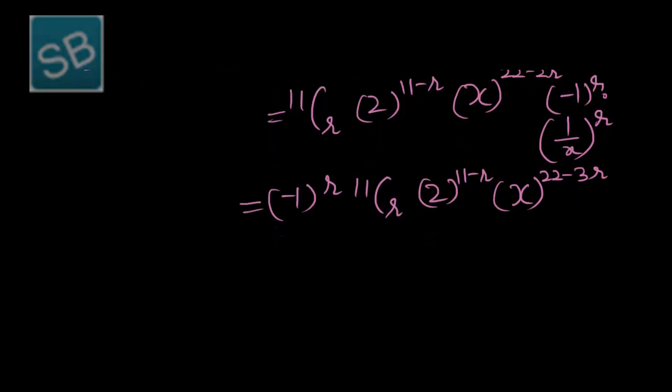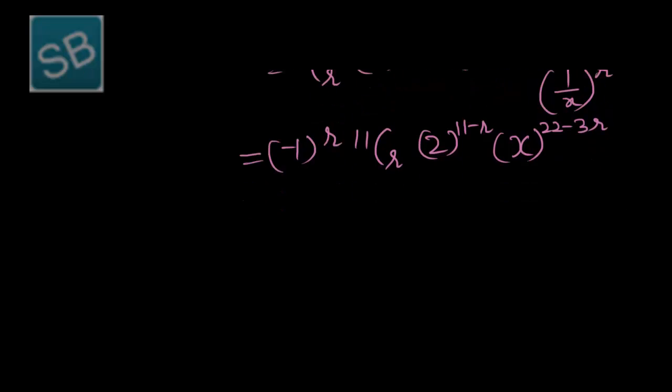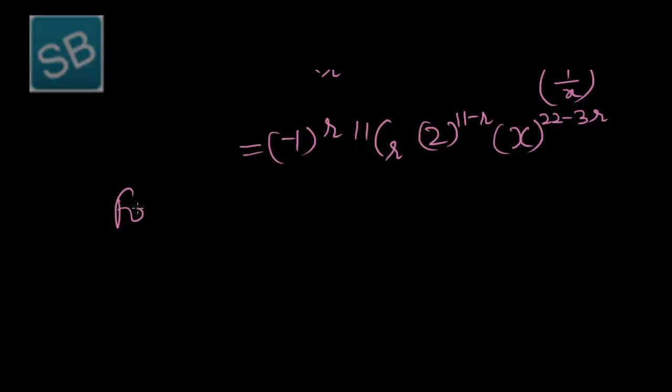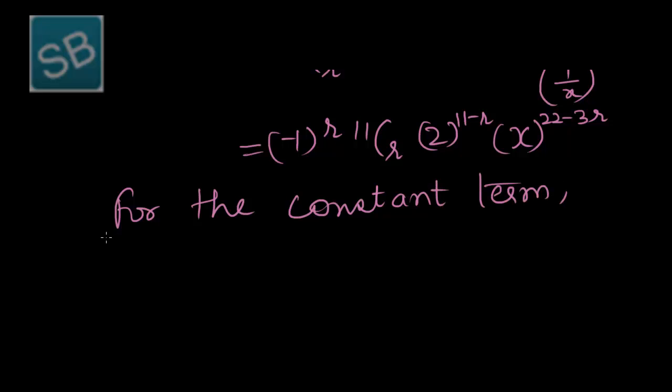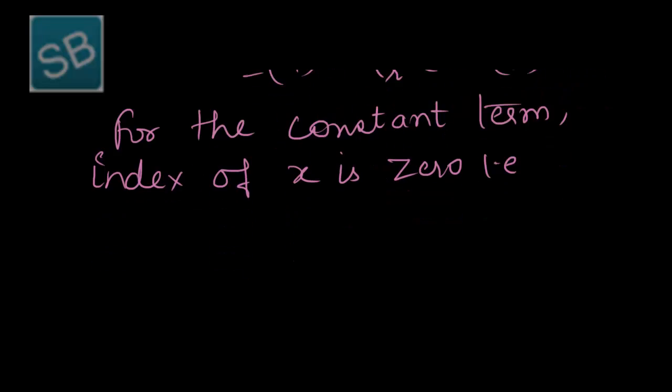So we have to find the constant term. That means there is no x, that is x raised to power 0. So for the constant term, the index of x is 0. That is, 22 minus 3r is equal to 0.